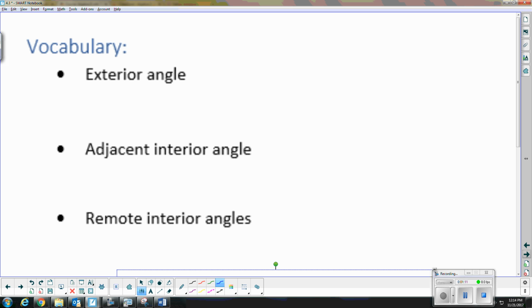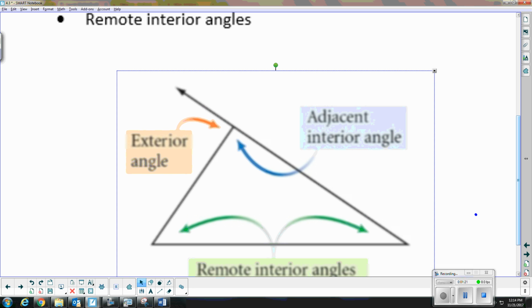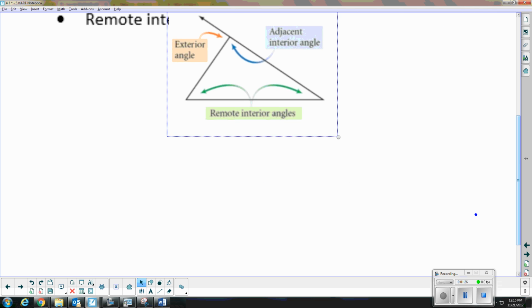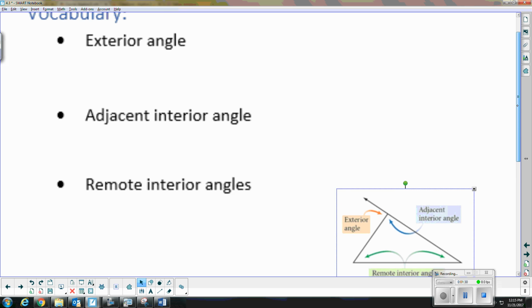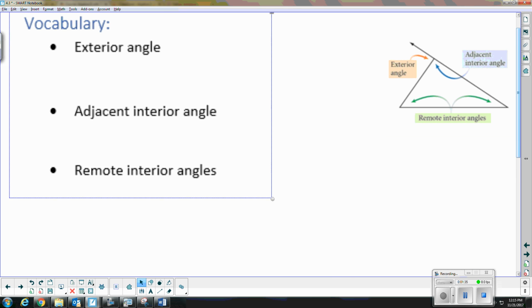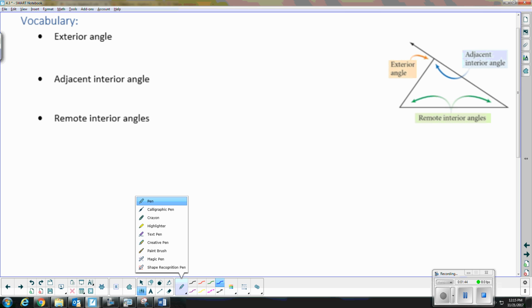So let's start just by defining these terms, and it might be helpful for you to look at that diagram that's on your demo sheet. I'm just going to make these a little bit smaller so that I can reference them as I'm writing. Okay, so your exterior angle, you can see that here.